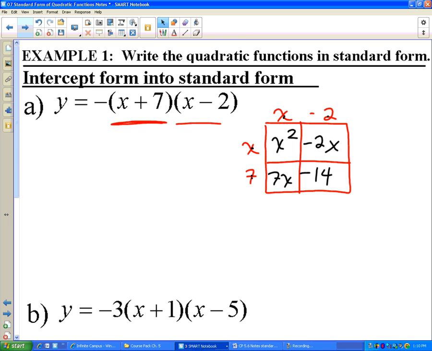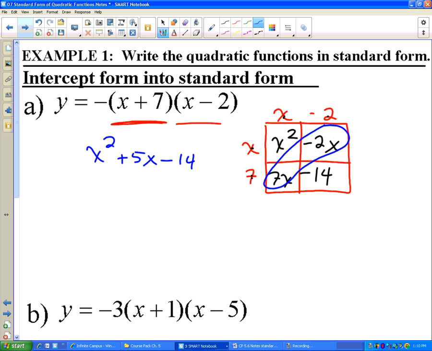Now when I combine like terms, I combine diagonally. So I end up with x squared plus 7x minus 2x, so that's plus 5x minus 14. Now I'm going to put this in parentheses because my original equation had a negative in front.